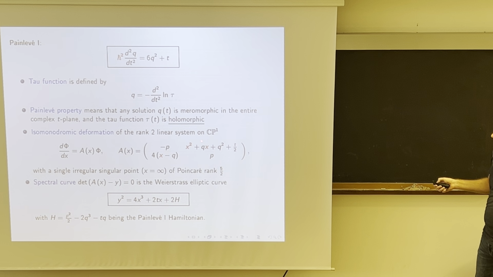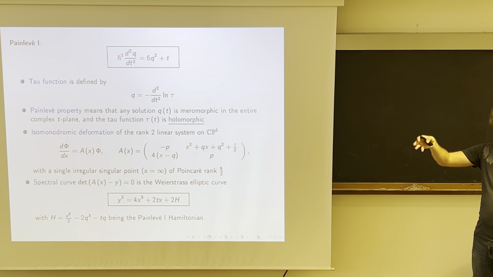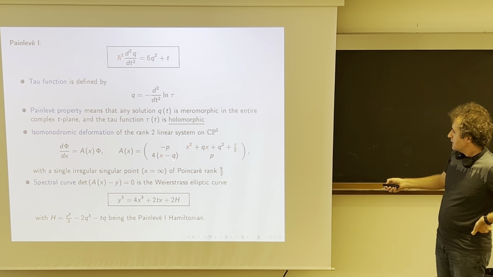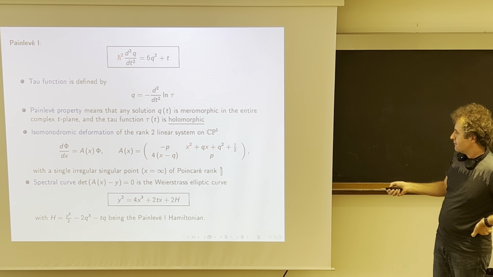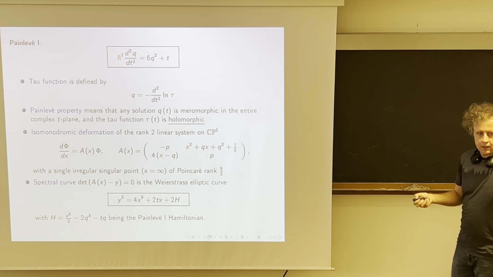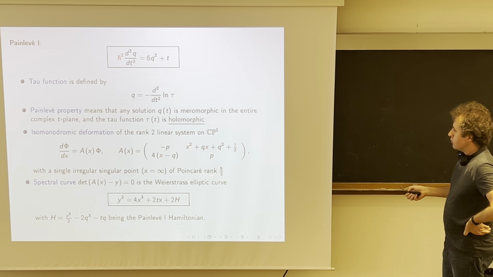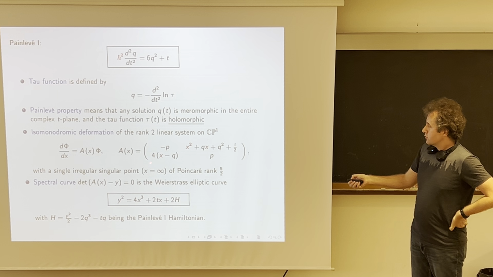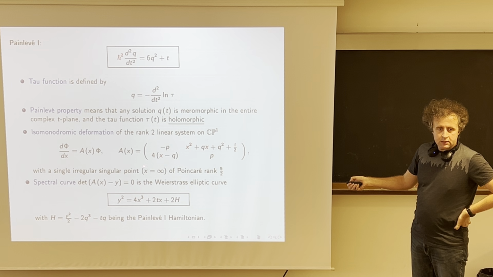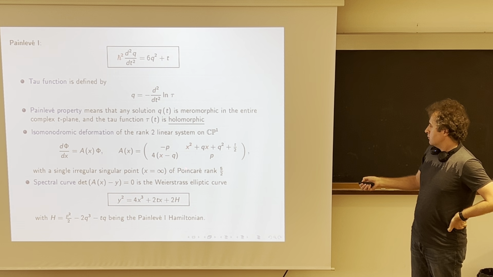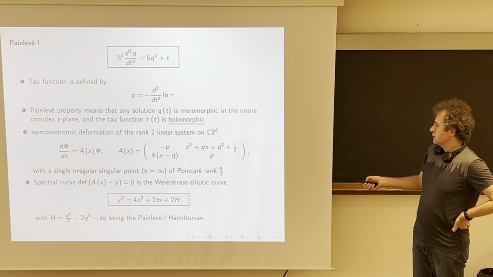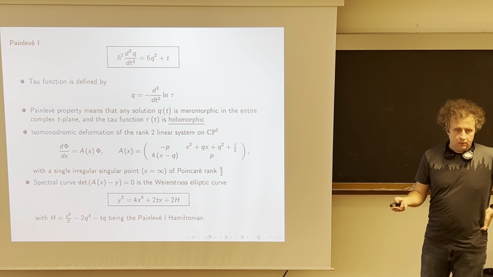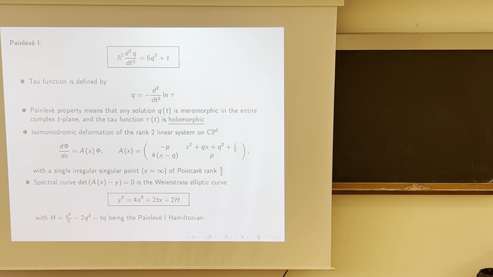But the coefficient of x squared, as you see, is a non-diagonalizable matrix. So this means that we have a ramified irregular singular point of Poincare rank 5/2. So for example, if you had also x squared somewhere here, then that would be an irregular singular point of Poincare rank 3.